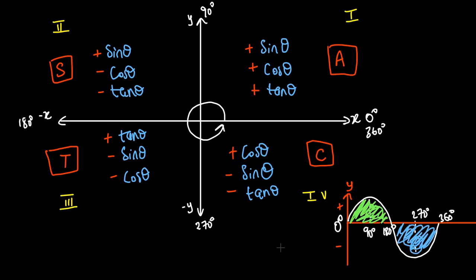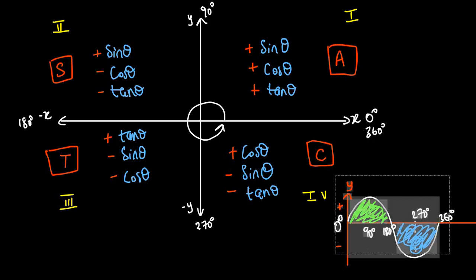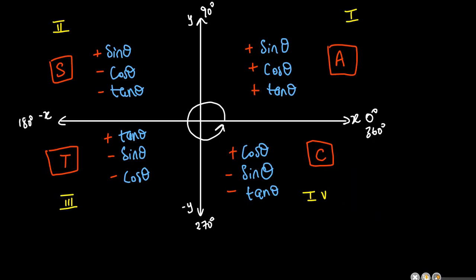And that's how we come about with the CAST diagram. So the most important thing is to remember that it might look minute, but trust me guys, just an understanding of that is gonna allow you to solve your problems, right?